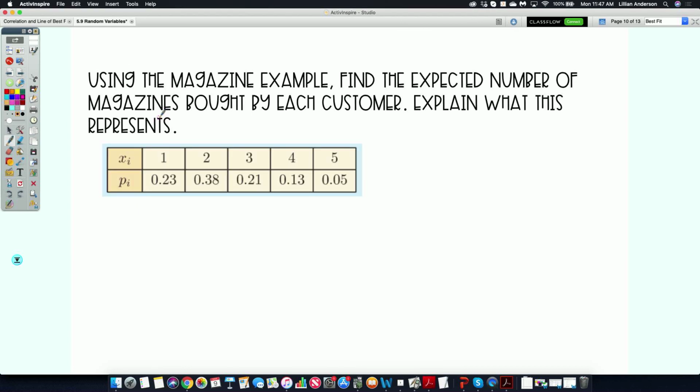So using our magazine example, we're going to find the expected number of magazines bought by each customer, which means I have to take each one of my x values and multiply them by their probabilities. And then what I'm going to do with each of those products, I'm going to add them together.